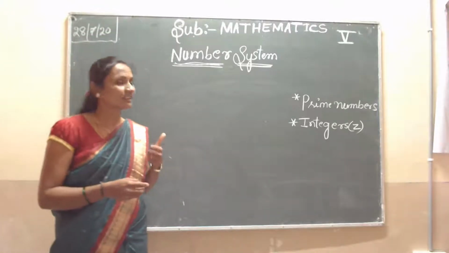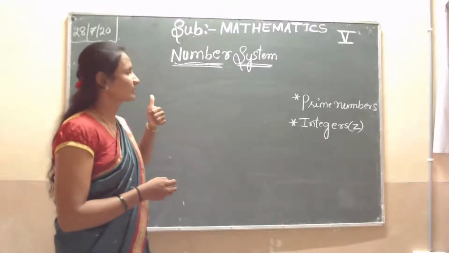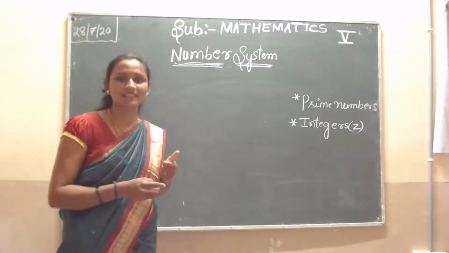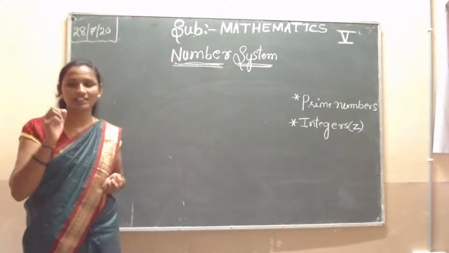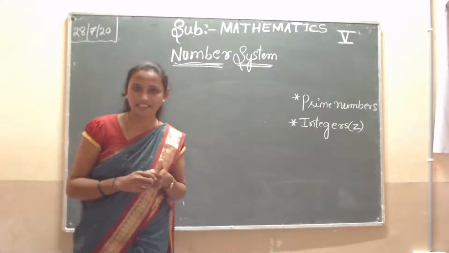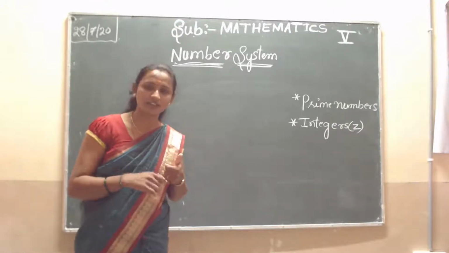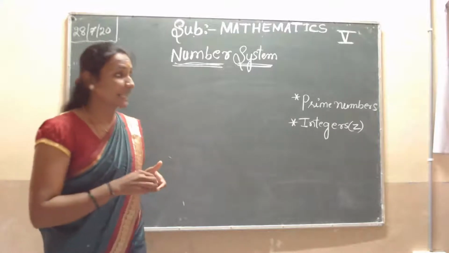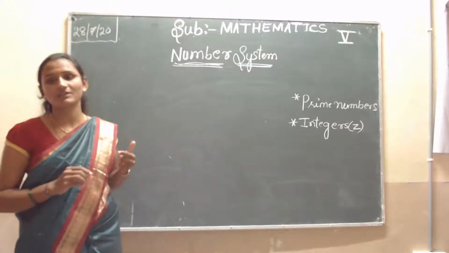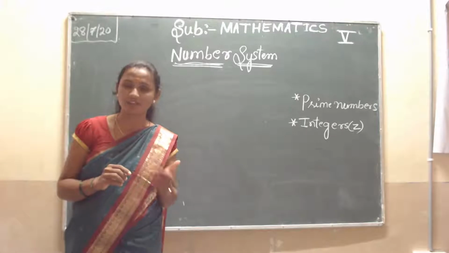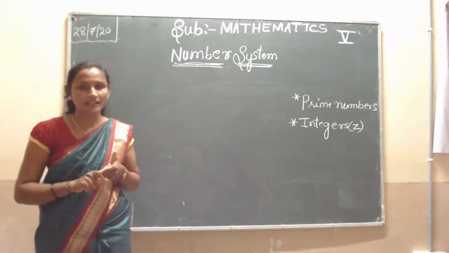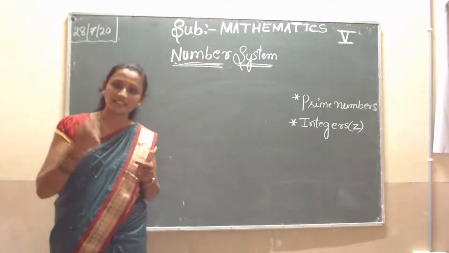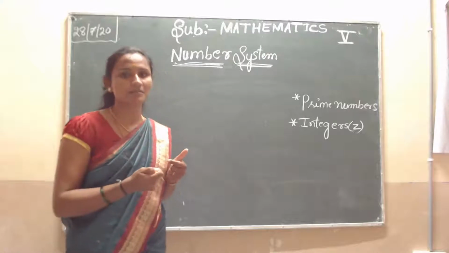Yes, today I will continue the chapter, the number system. Let me quickly recall the previous classes. Yesterday we studied the types of numbers: natural numbers, whole numbers, odd numbers and even numbers.